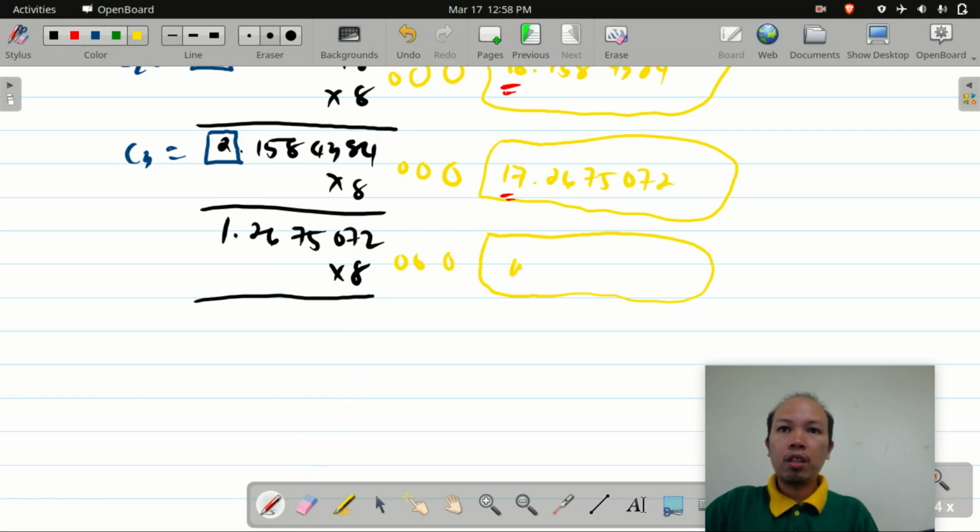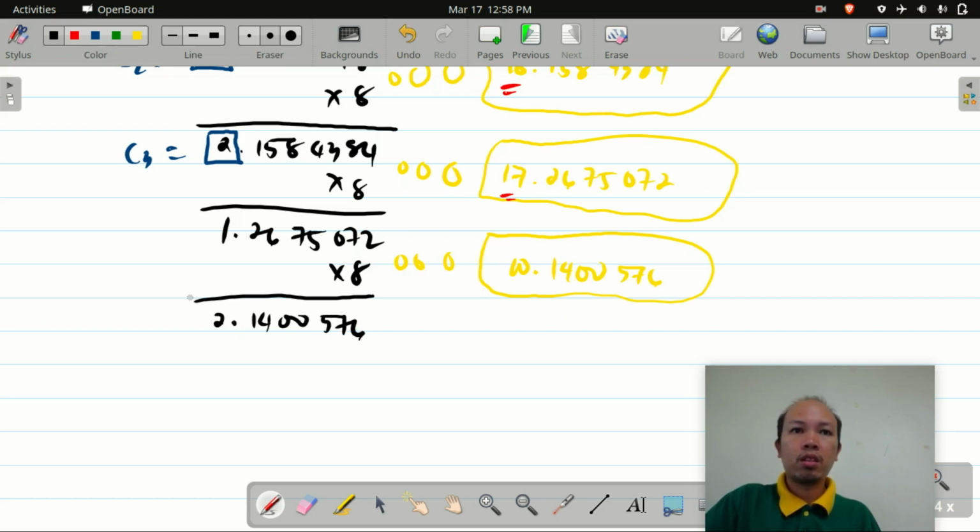We have 10.1400576, so 10 is 2. We have 2.1400576. This is C sub 5.